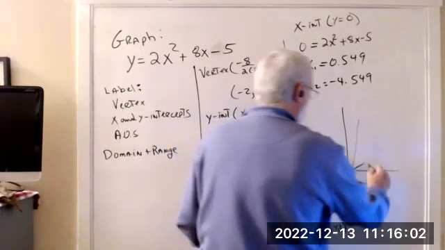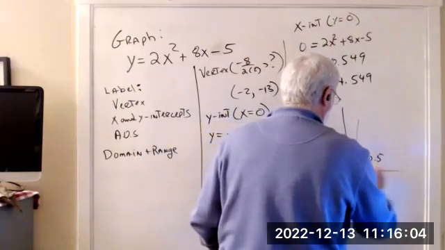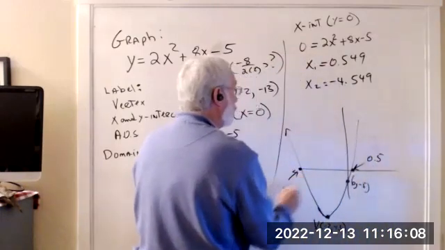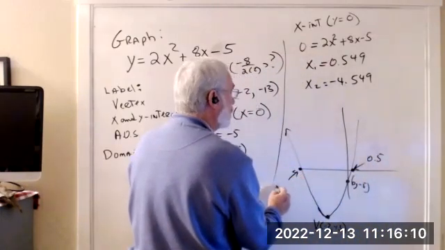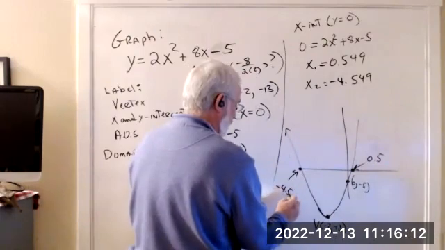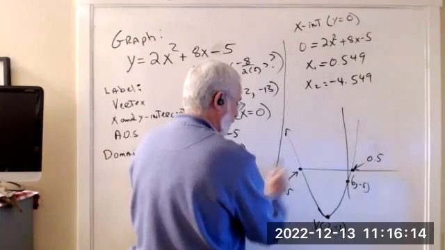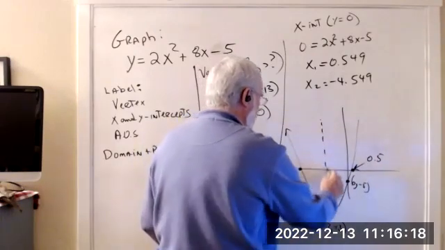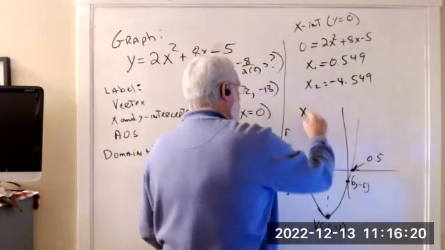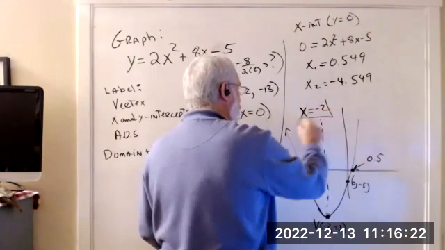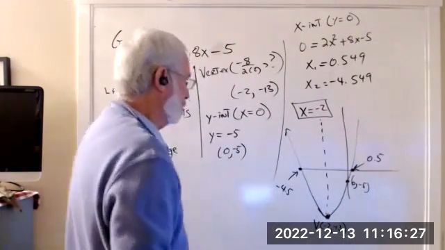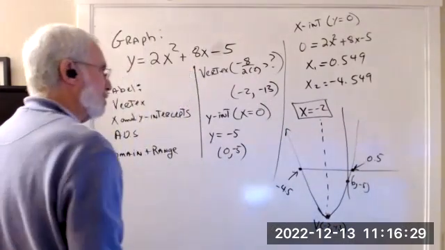This point is 0.5. This point is negative 4.5, roughly. And my axis of symmetry is x equals negative 2.